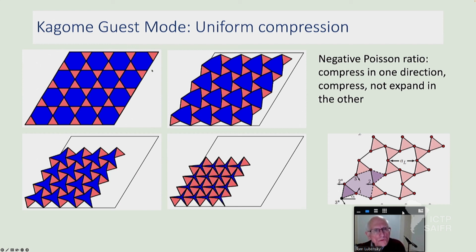But the minute you move off of this, if I do an infinitesimal step from the original Kagome lattice to the twisted one, then if I go to small enough values of the energy or the frequency, I will get a zero mode.